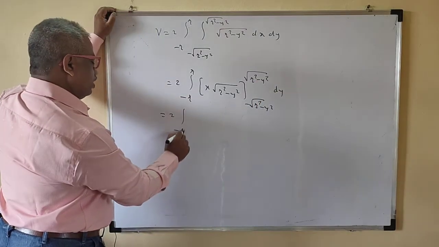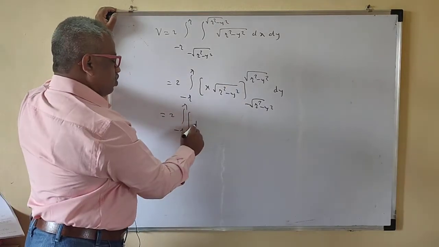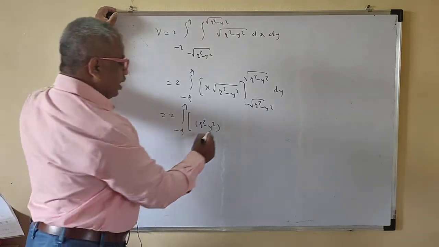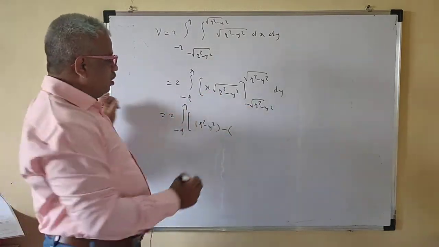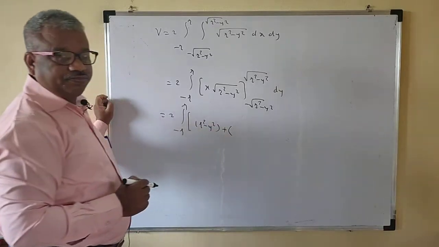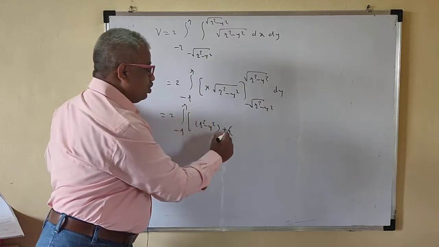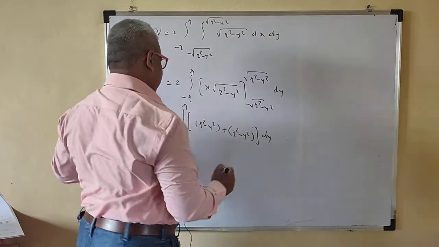So this is 2 integral from minus r to r. We'll put the limits: root of r square minus y square, minus of the lower limit, minus root of r square minus y square. Minus becomes plus now, because you have to put x at the upper limit and the lower limit. So this is dy.